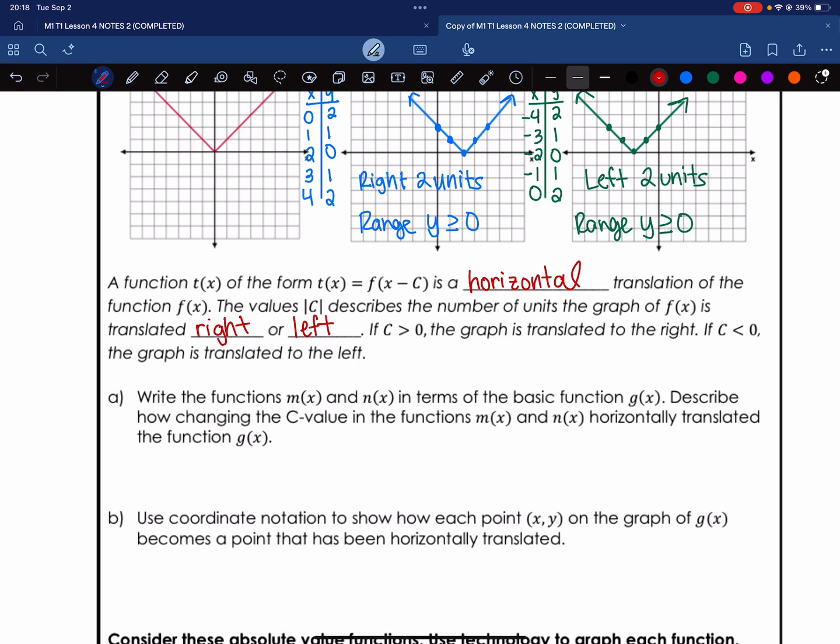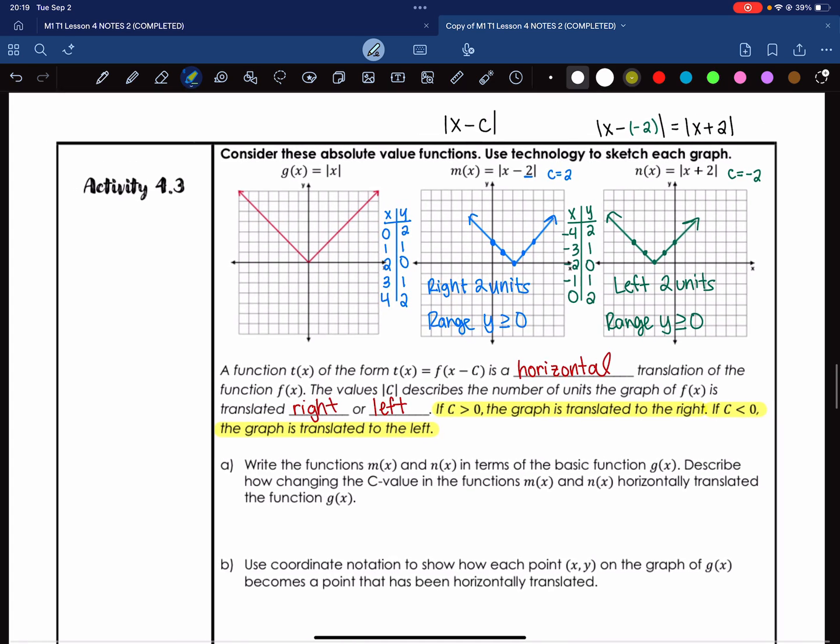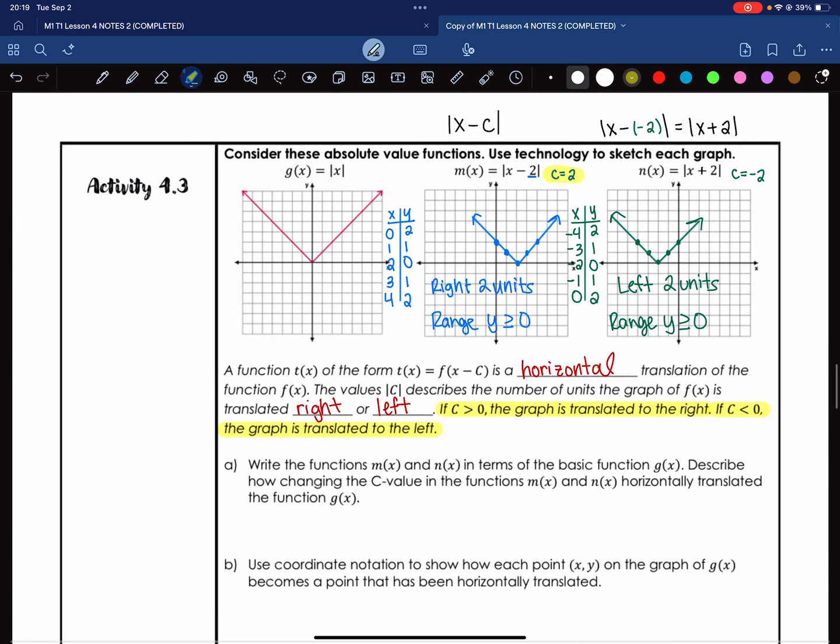And here's the important part. If c is greater than 0, then the graph is translated to the right. And if c is less than 0, then the graph is translated to the left, which is what I just talked about here, our c value being greater than 0 or less than 0.